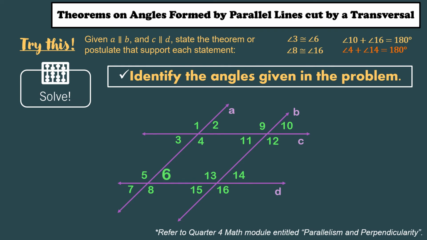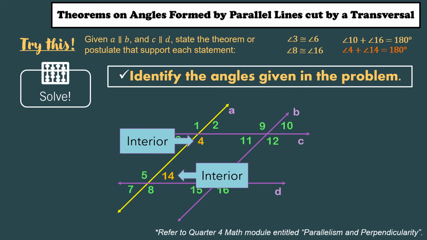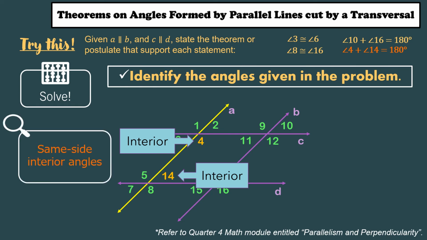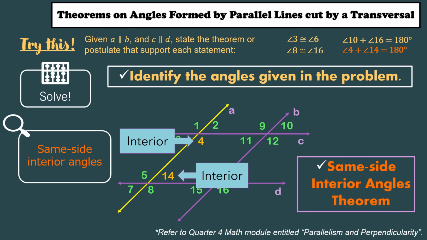If we place angle 14 where angle 6 is, we find out that angles 4 and 14 are both interior angles on the same side of the transversal A. This means that angles 4 and 14 are same-side interior angles which are supplementary according to the same-side interior angles theorem.